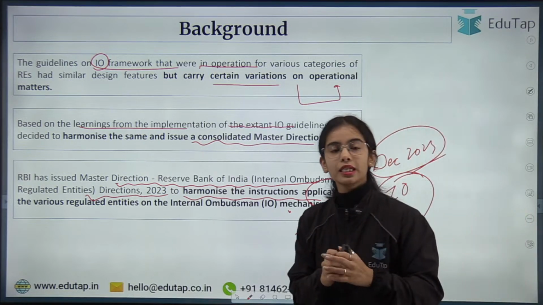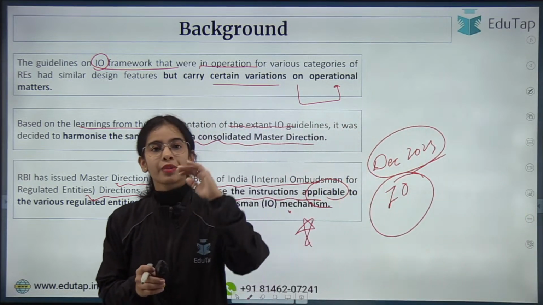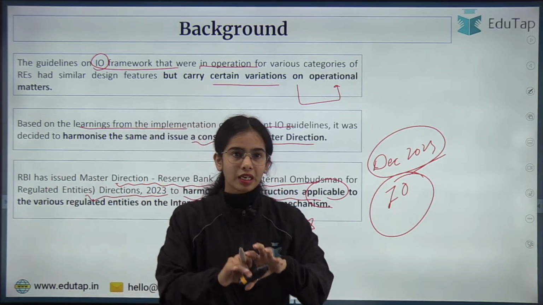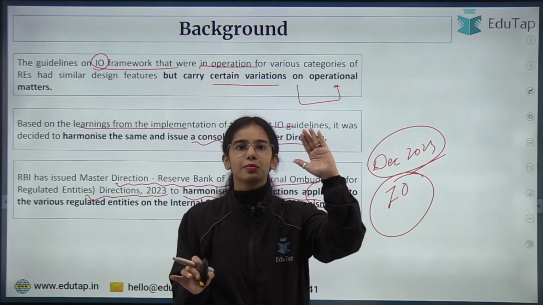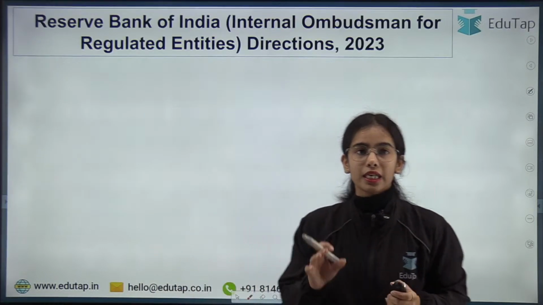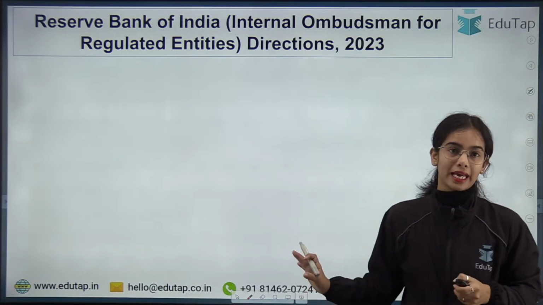I hope it is clear that there were different directions applicable to different entities. Now RBI said that we are bringing a master direction that will be applicable to all the entities, and the previous guidelines were removed. Now coming to the directions.